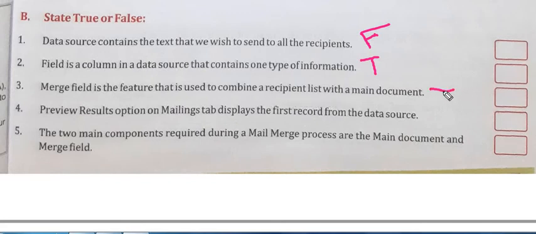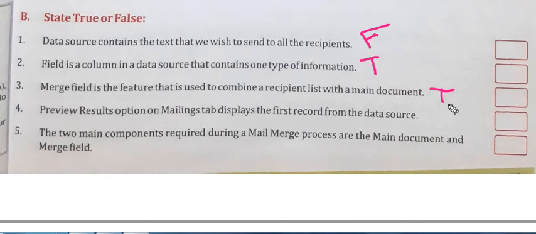Yes, true. The main document is sent to all the recipients, and the data source, the name or address that changes for each recipient. Merge field is used to merge the main document with the data source, right?